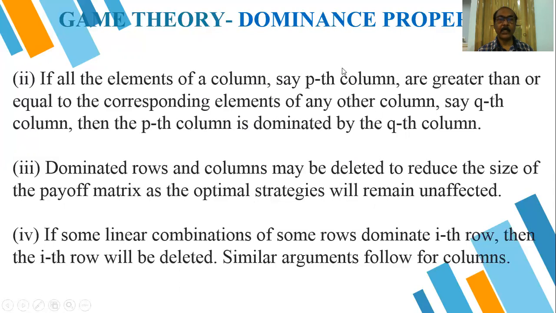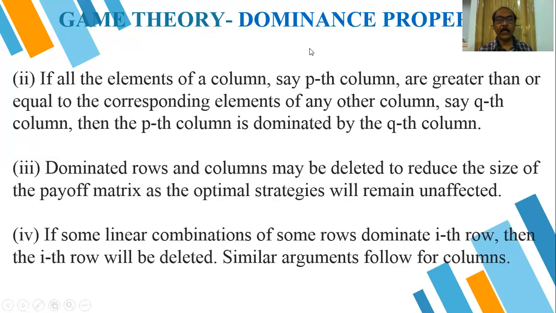Player B tries to minimize his loss, so he doesn't want to increase it. If we compare the pth column elements and the qth column elements, the pth column element is greater than the corresponding element of the qth column.